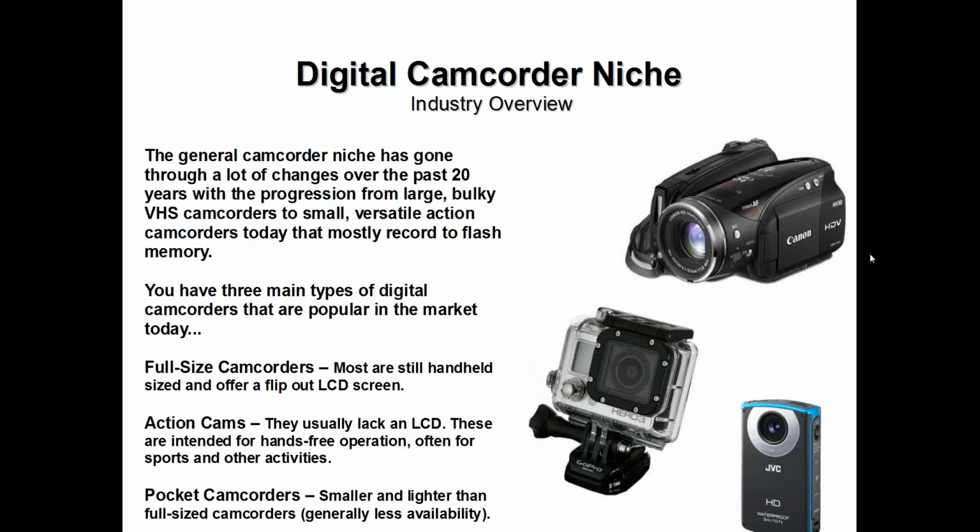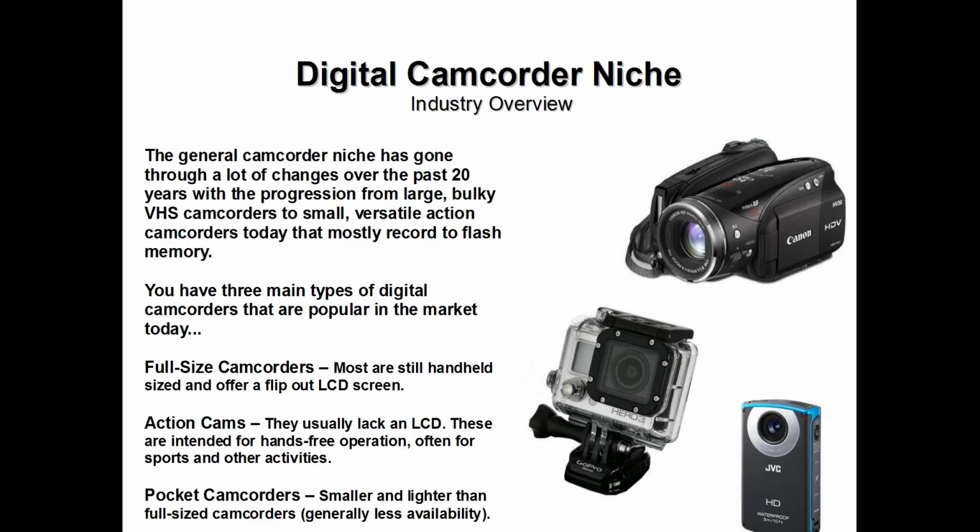Then we also have action cams. These typically lack an LCD. They're intended for hands-free operation, usually for use with sports and other types of activities, or you want to have a camera mounted, but you can't really be holding it because you're doing something else and you want to be recording that activity.